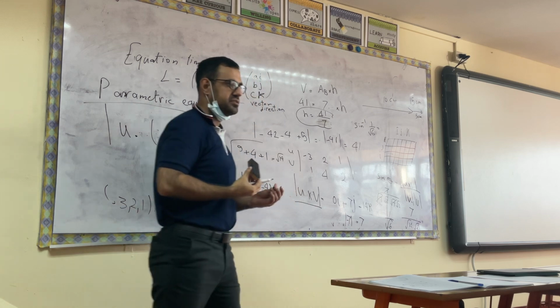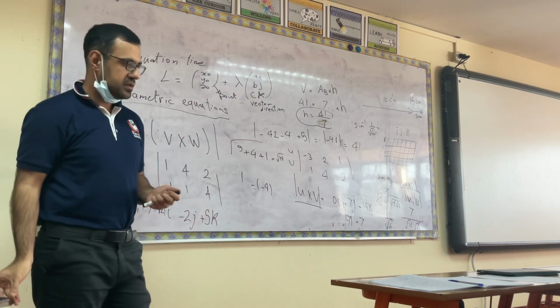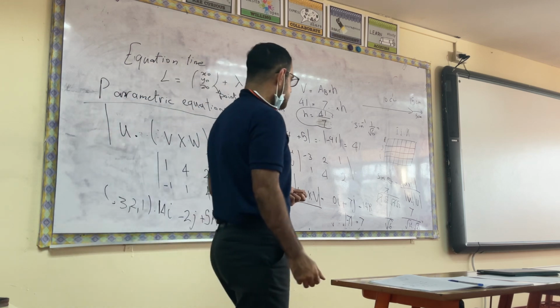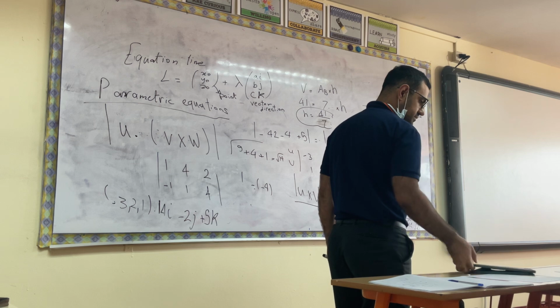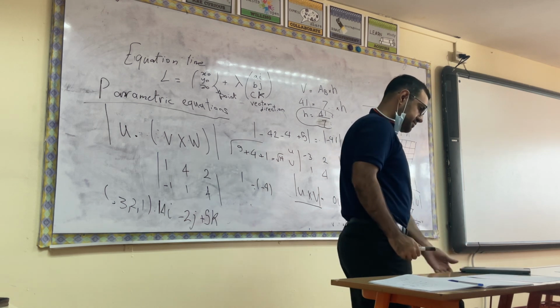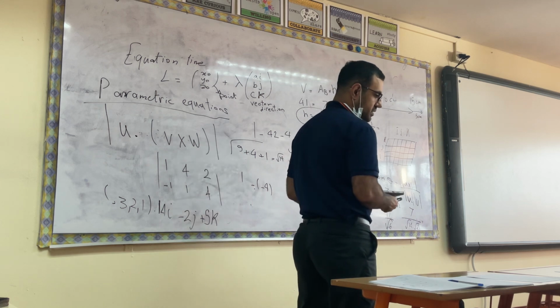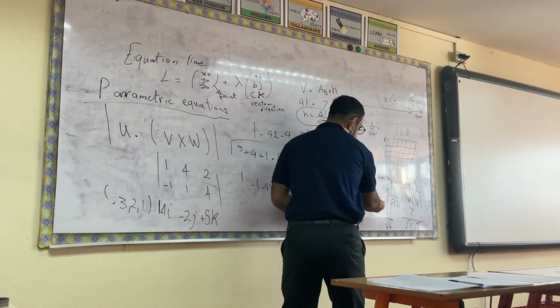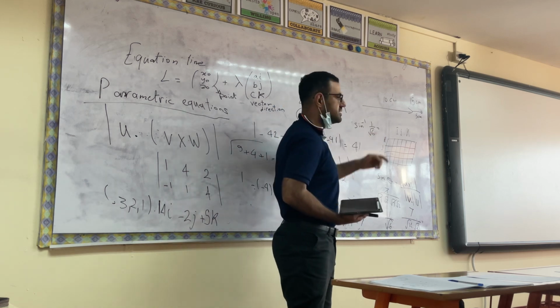That's it, done. Use your calculator, because they want the angle, right? And this is root 14, this is root 21, and this equals 1 over root 6.